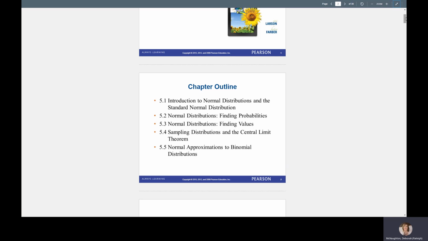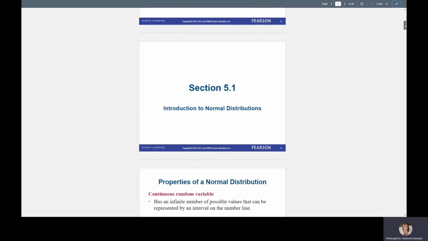So this is giving the probability, finding the values, and that section covers numbers 7 and 9 in your homework. And then sampling distributions and the central limit theorem, and that covers numbers 10 and 11 from your homework. And the last section is using a normal approximation to a binomial distribution, and that covers your homework number 12.